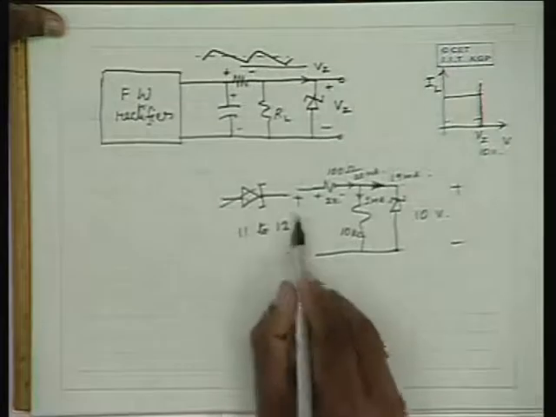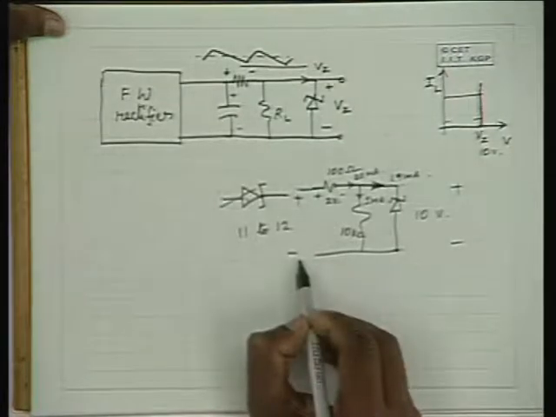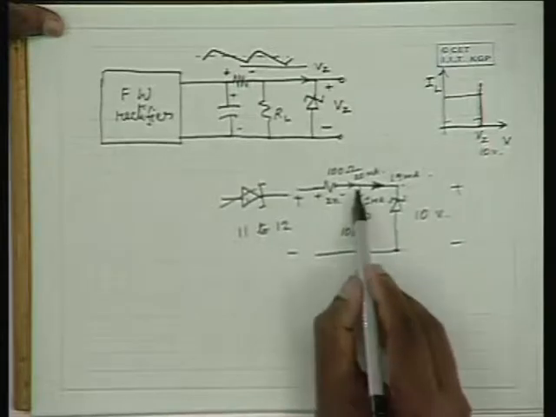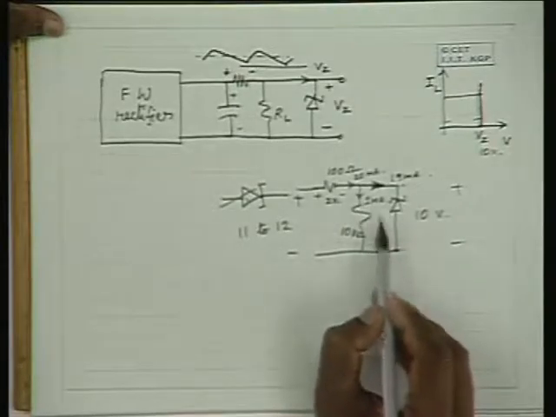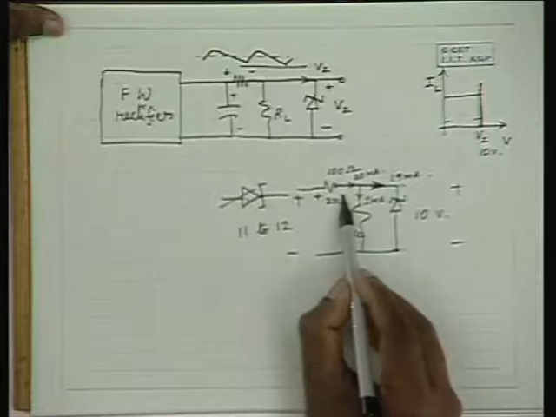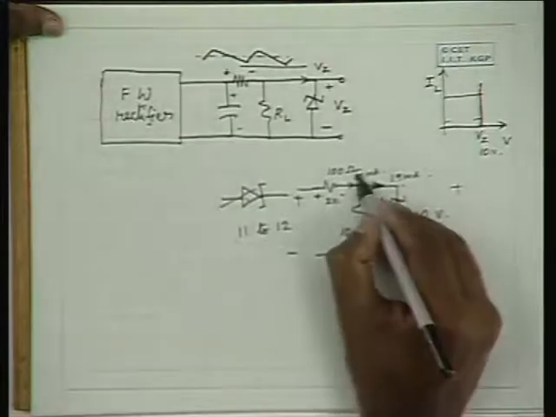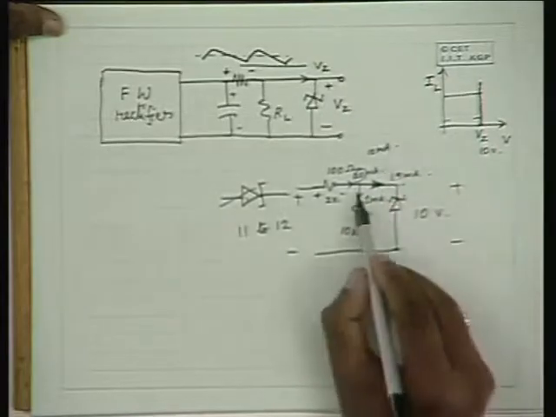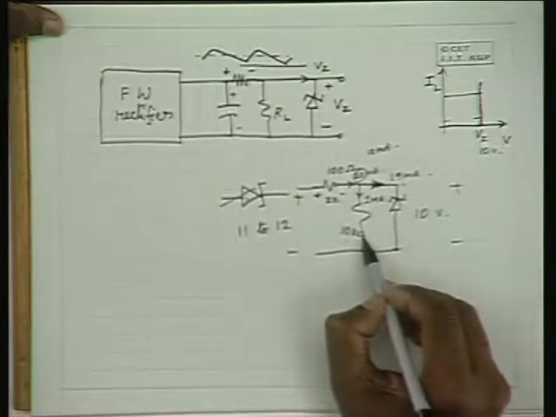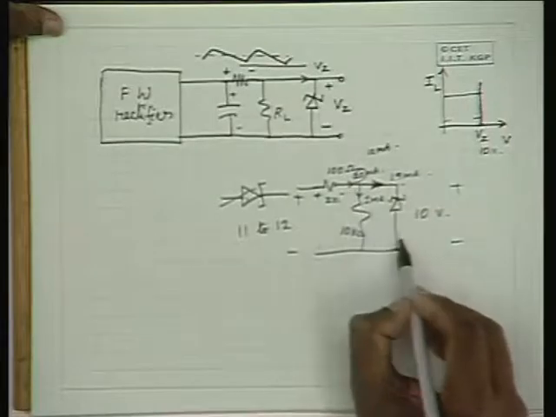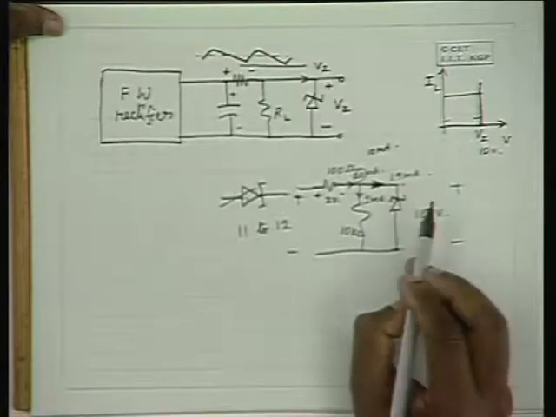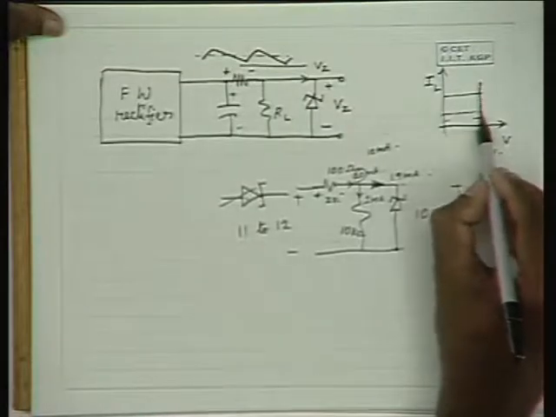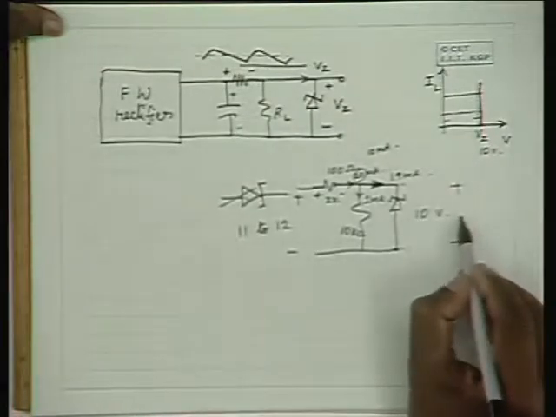When the input is 11 volts, it maintains 10 volts, and this current is 1 milliampere, and you need a voltage drop of 1 volt here, therefore it would be 10 milliamperes now. And when 1 milliampere flows through this, 9 milliamperes flow through this, and with 9 milliamperes also the Zener potential is 10 volts.